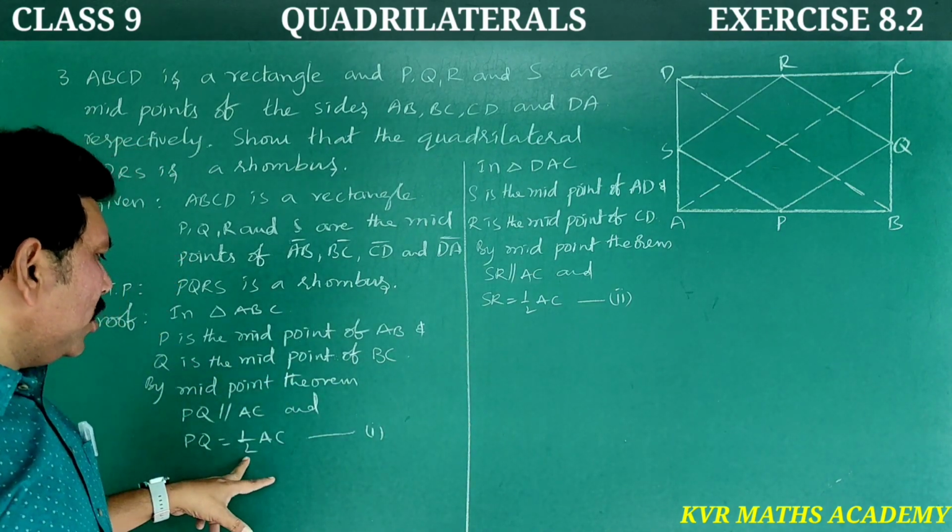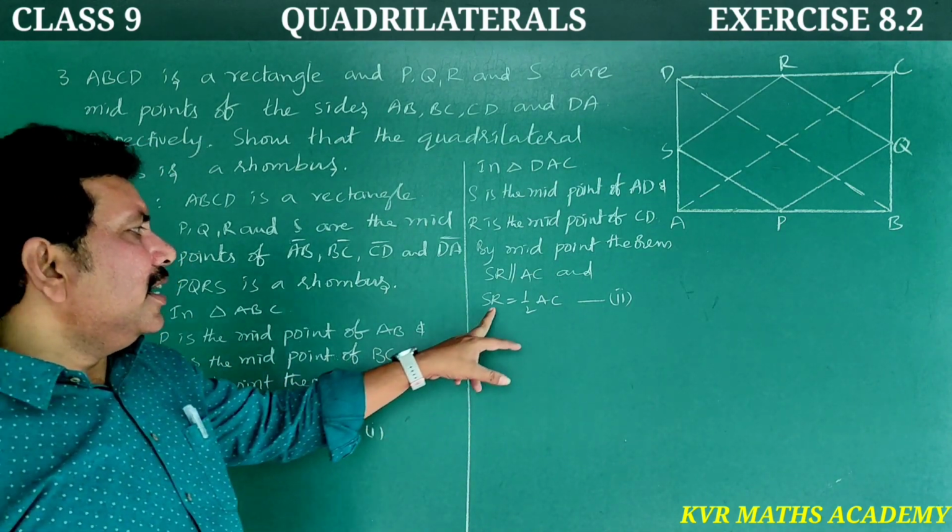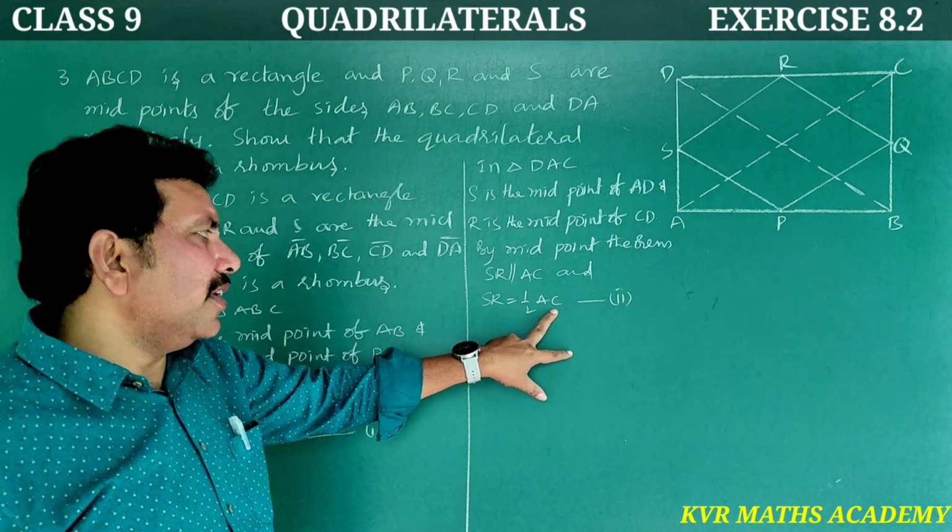Look here, PQ is equal to half AC, and here SR is equal to half AC.